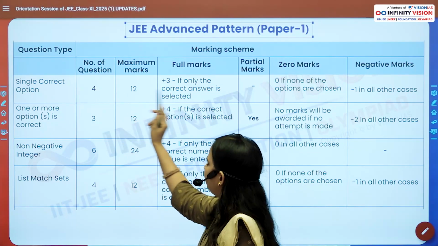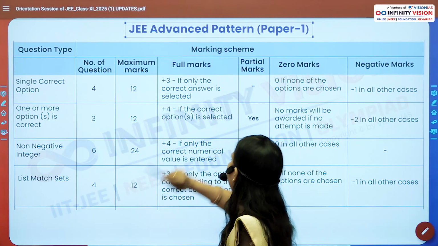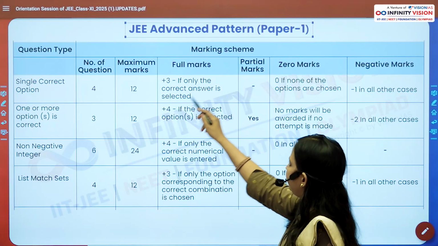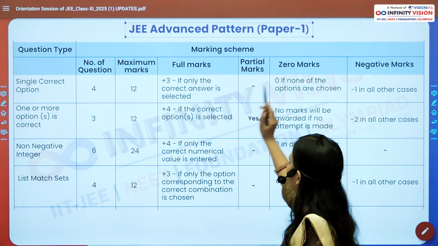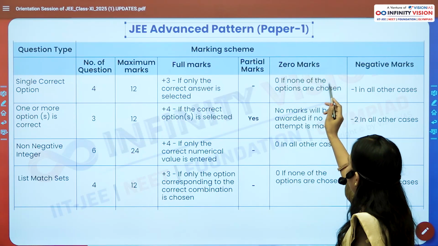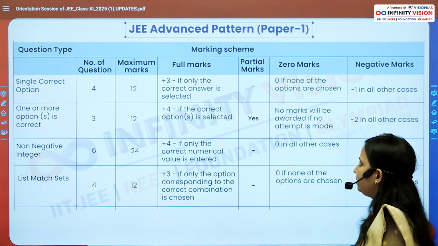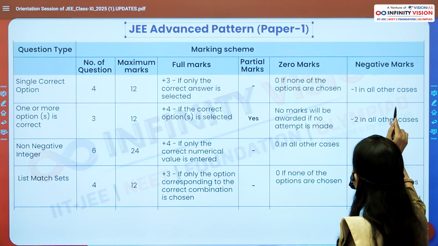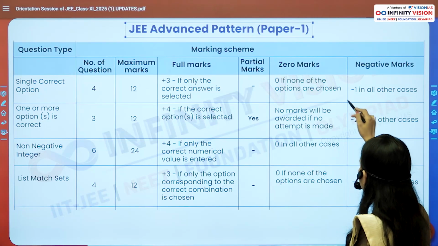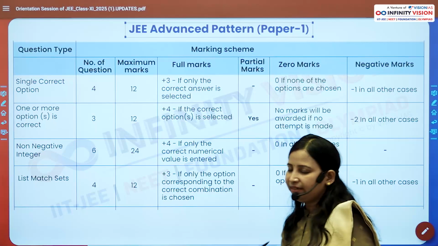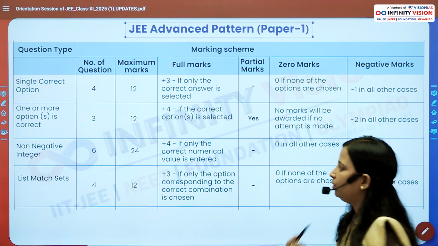Each question was of 3 marks, so maximum marks is 12. If you respond with the correct answer, you will get +3. There is no partial marking here. If you do not attempt the question, you will get 0 marks. And if you attempt it and respond wrongly, you will get -1, which will be deducted from your overall marks.